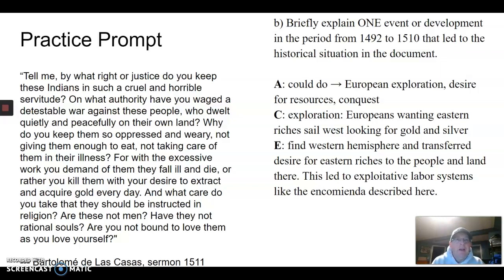So that desire remained, and they just changed that to the exploitative labor system and encomienda. So really, that's what led to Las Casas. If there wasn't this desire, this situation where they're extracting resources, Las Casas wouldn't be making a speech.